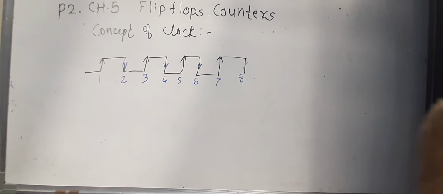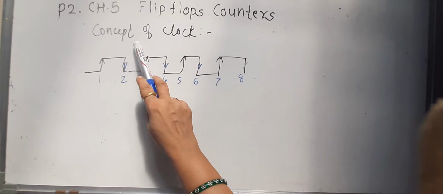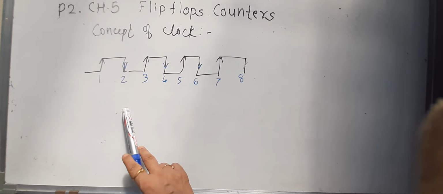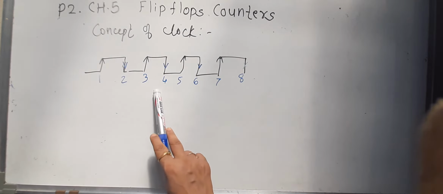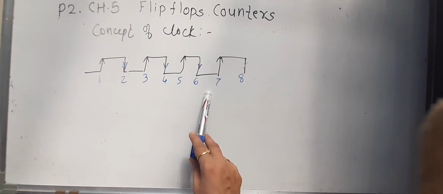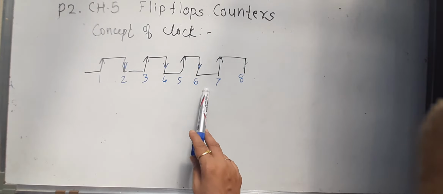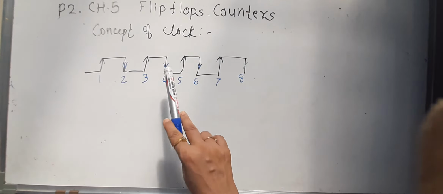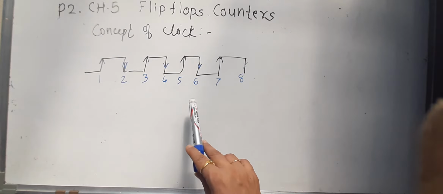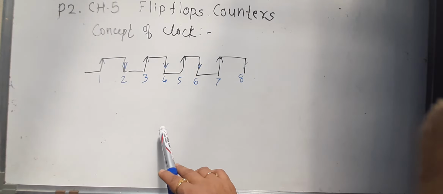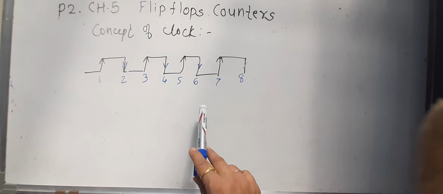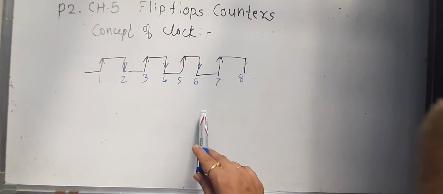Now let's try to understand the concept of clock. In digital circuits, the square wave signal is known as the clock signal. This clock pulse has a definite frequency. In a logic circuit, it is necessary to synchronize all the different actions taking place in different sections.